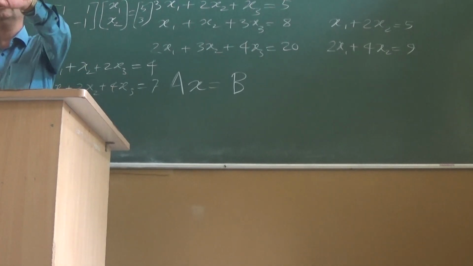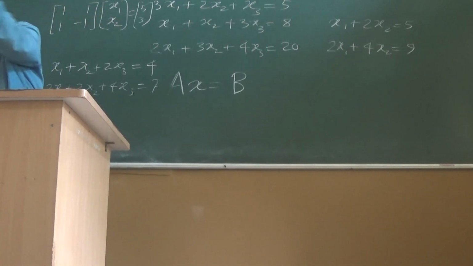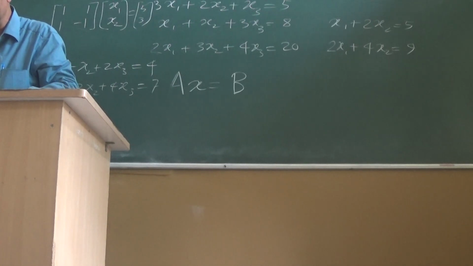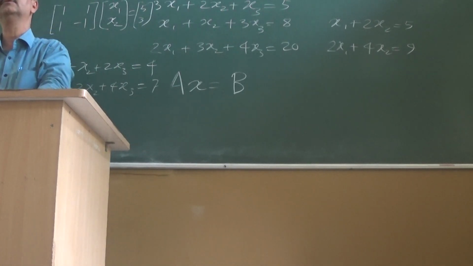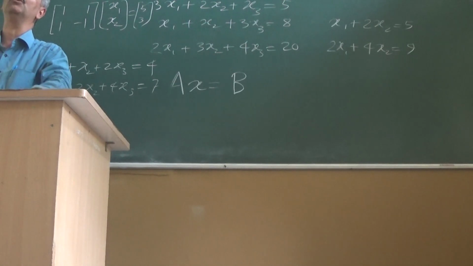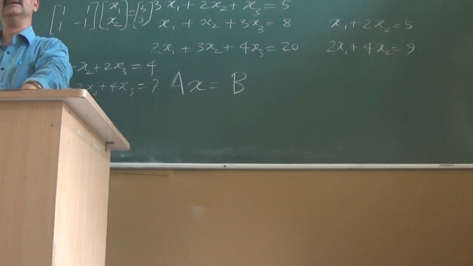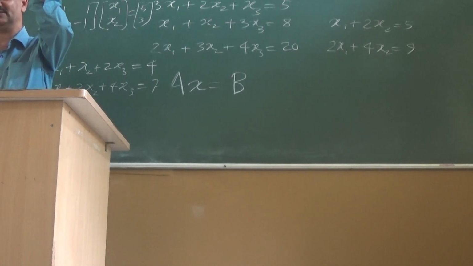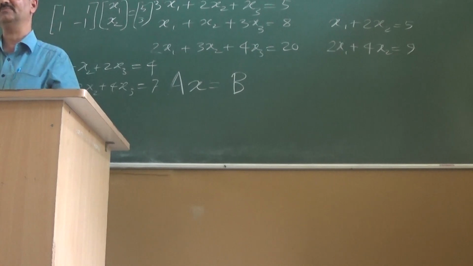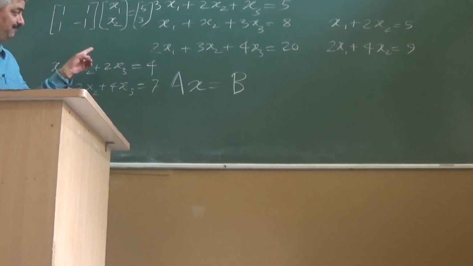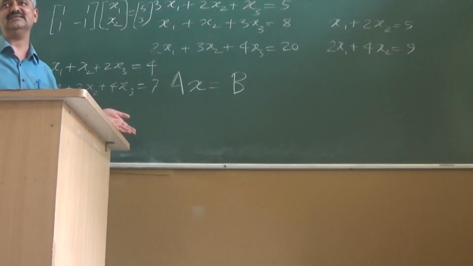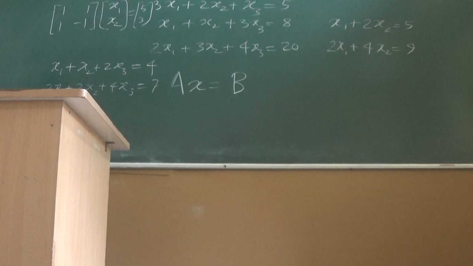Either multiple solutions or no solutions. So a unique solution is possible if and only if the number of equations is equal to the number of variables and these are consistent. If the number of equations is less than the number of variables, then a unique solution is impossible. If these are inconsistent, then no solution, and in all other cases, multiple solutions.